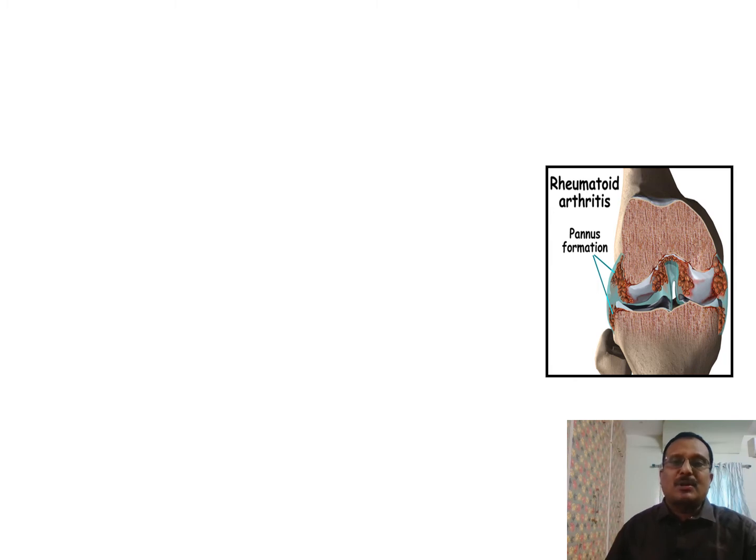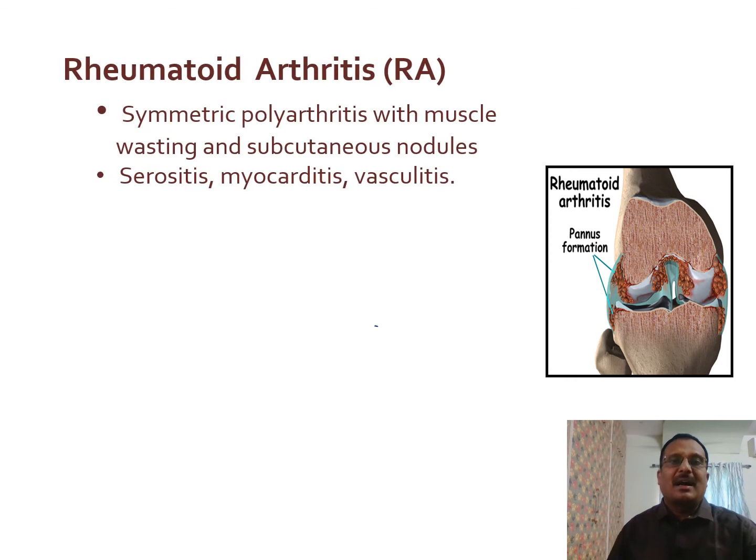And the next important thing is rheumatoid arthritis, which is a systemic polyarthritis. Many joints are involved with muscle wasting and with the formation of subcutaneous nodules. These are all mainly due to serositis and myocarditis and vasculitis. All these things you can see in rheumatoid arthritis: inflammation of the vasculature, inflammation of the heart muscle, inflammation of the synovial membrane of joints.